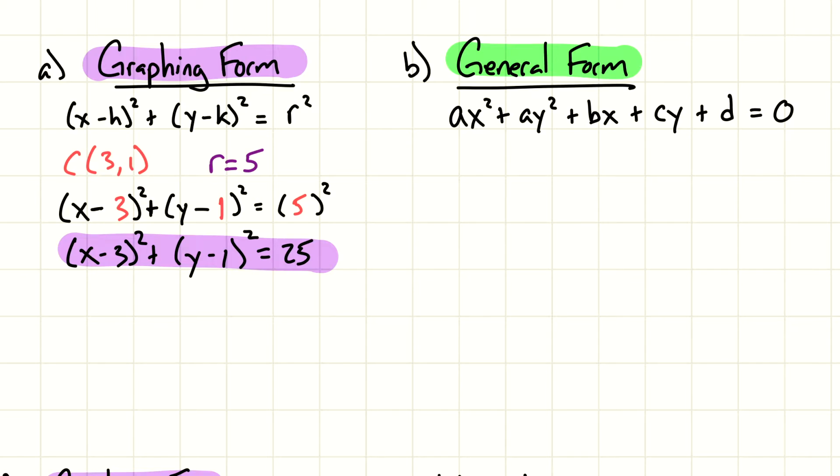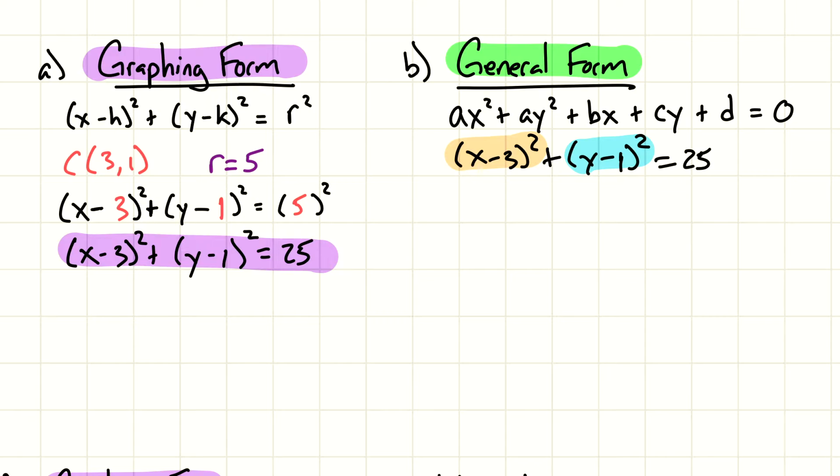I'll start with the graphing form, (y - 1)² = 25. I'm going to start by multiplying out the first part.